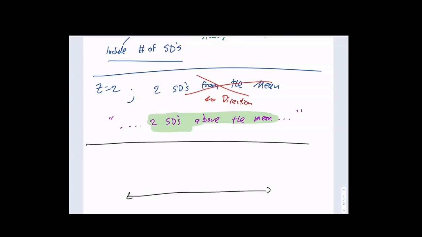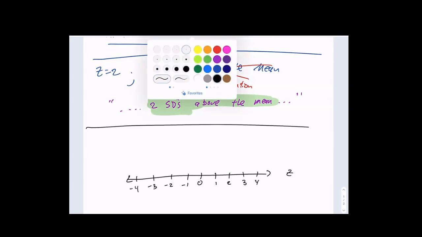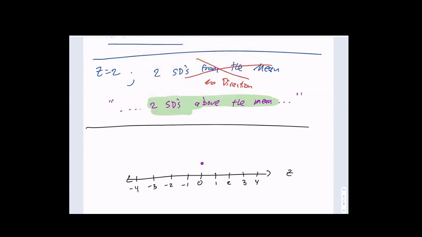When talking about a number line of z-scores, let's say this is the number line of z-scores, and we have 0, 1, 2, 3, 4, -1, -2, -3, -4. If we have a z-score of 0, this means that this is the mean.